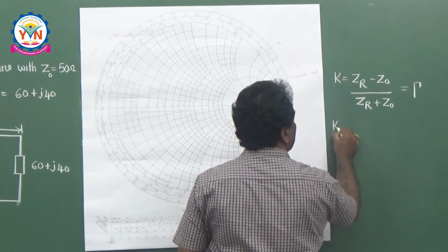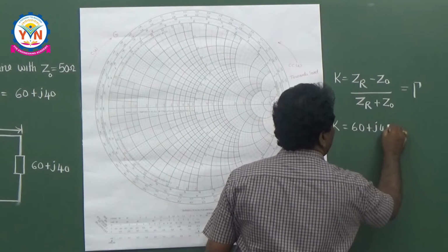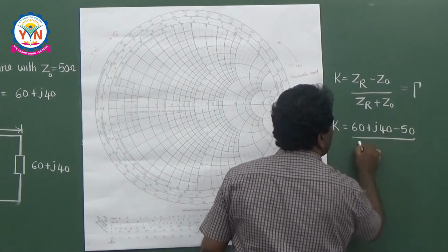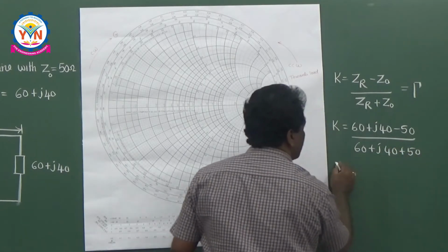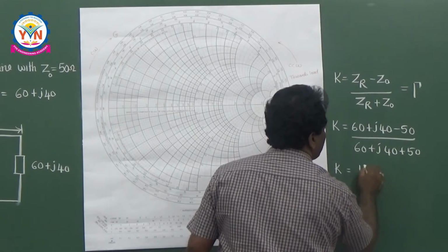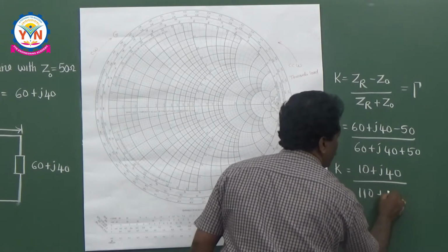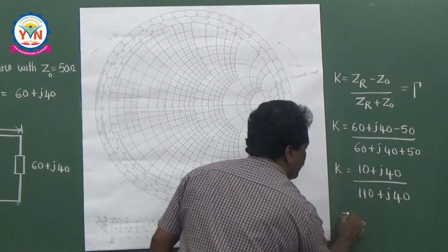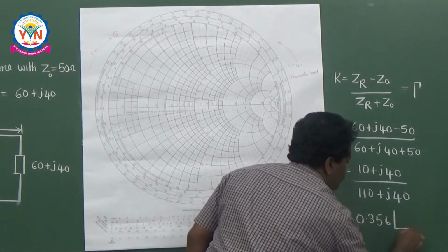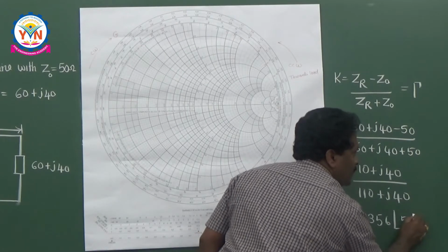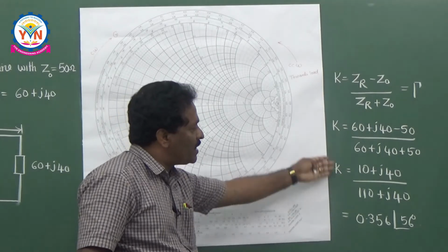Therefore, K is equal to 60 plus j40 minus 50, divided by 60 plus j40 plus 50. If you simplify this, K is equal to 10 plus j40 divided by 110 plus j40, which is 0.356 at an angle of 56 degrees. Like this you get the value using this equation.